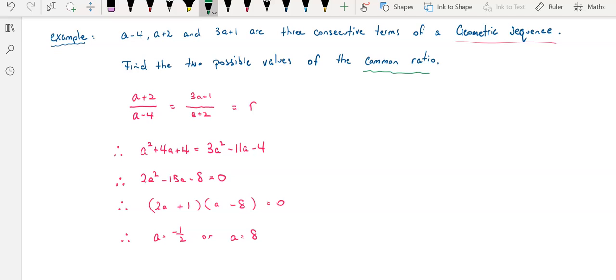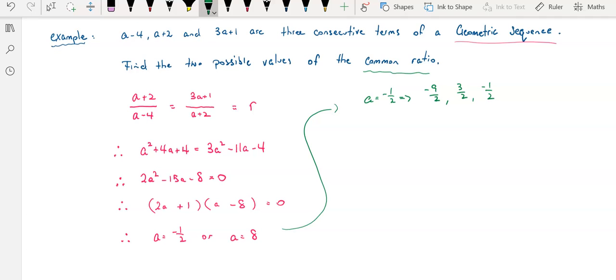If I put those values in for a, then when a equals negative 1/2, I get negative 1/2 minus 4, which is minus 9 over 2, negative 1/2 plus 2, which is 3 over 2, and negative 1/2 in here for 3a gives me minus 3 over 2 plus 1, which is minus 1 over 2. So that's my sequence when a is equal to negative 1/2.